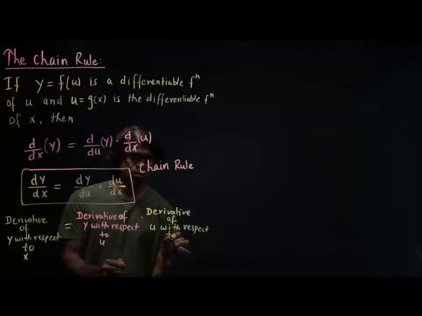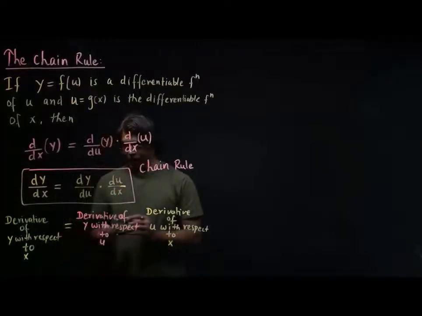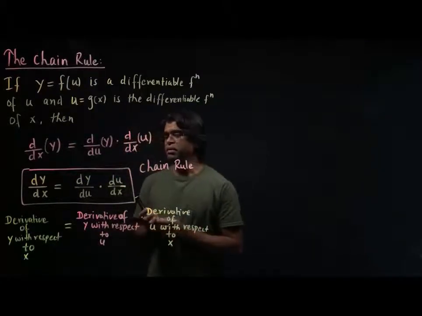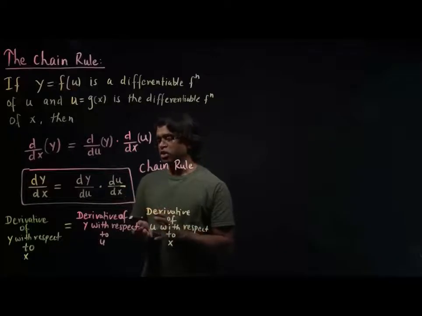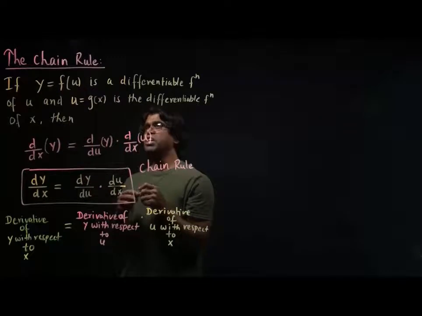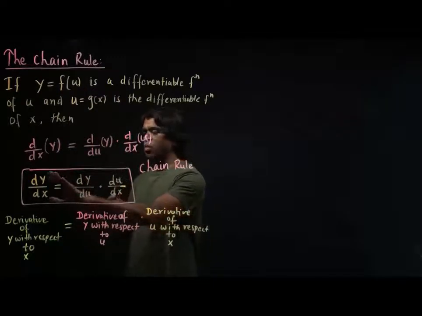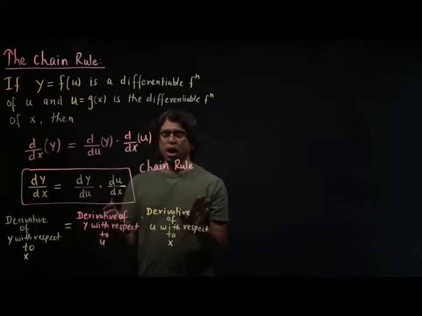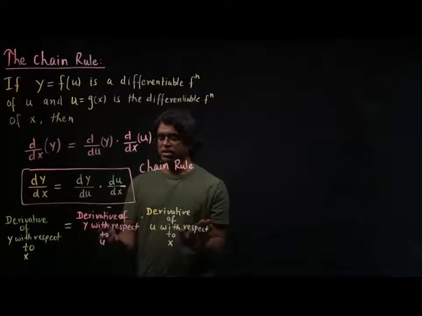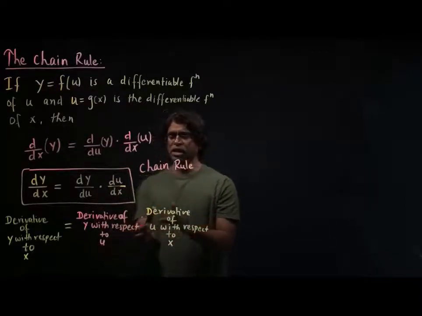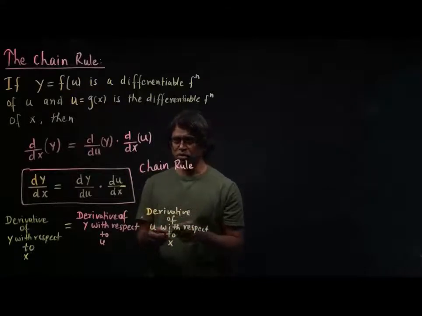So as you can see, if I want to find the derivative of a composite function, which is basically y is equal to f of u, we need to differentiate y with respect to x, and that is equal to the product of two differentiations. My first derivative is differentiation of y with respect to u times differentiation of u with respect to x.